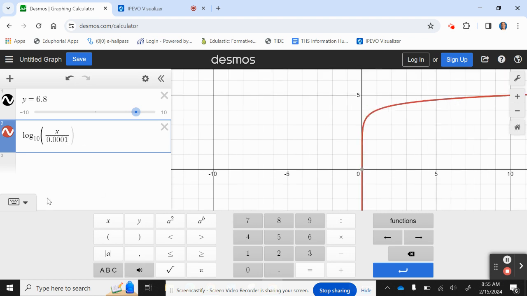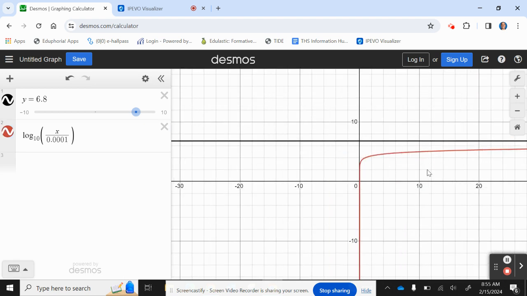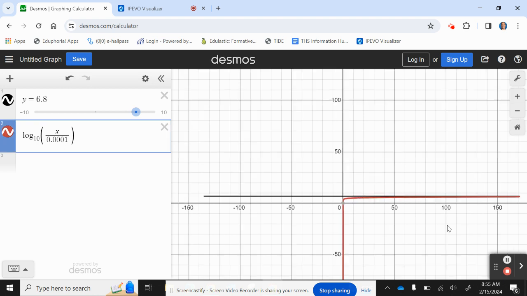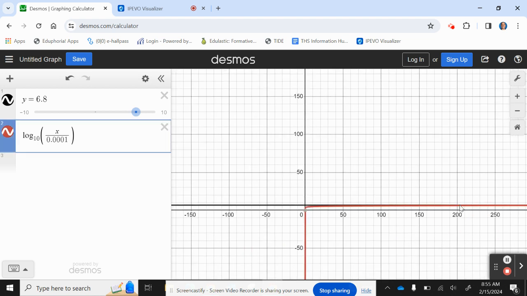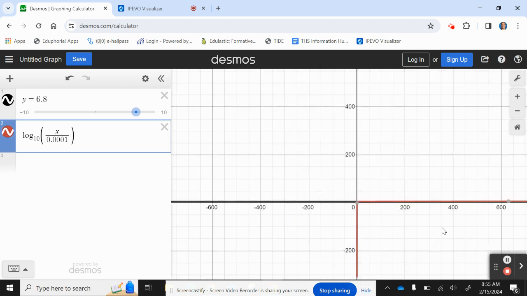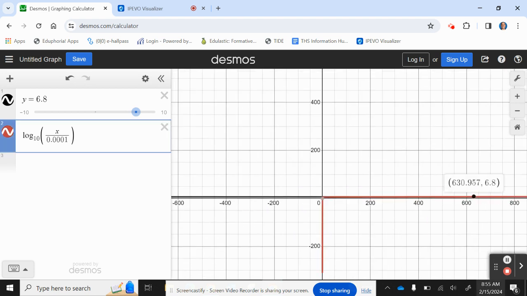Now we need to zoom out till we find the point of intersection. So that is 600, let's round that to a whole number, 631.